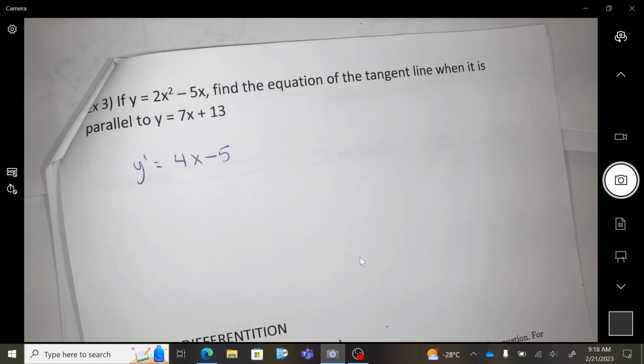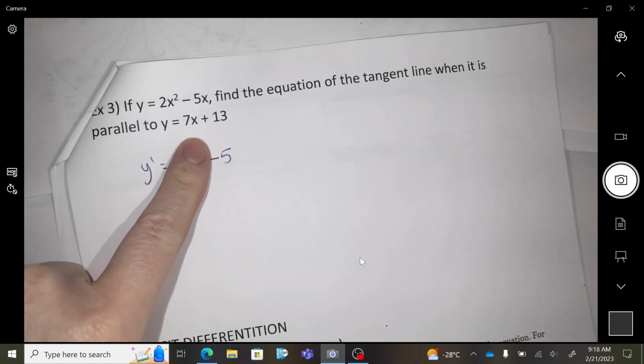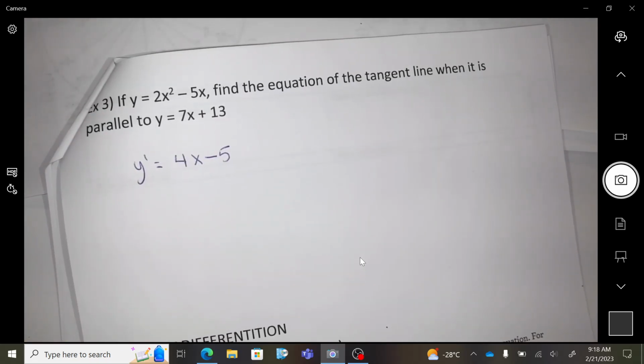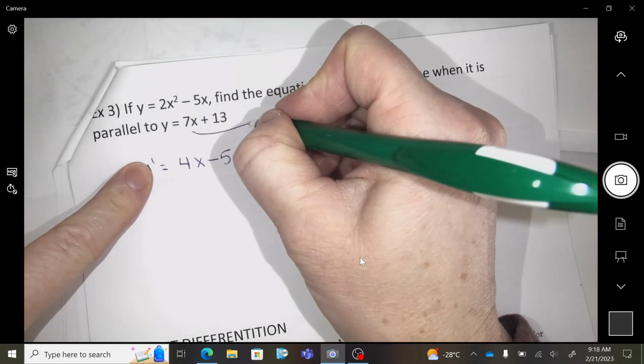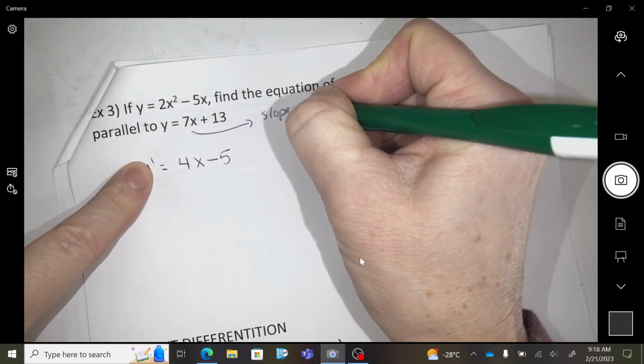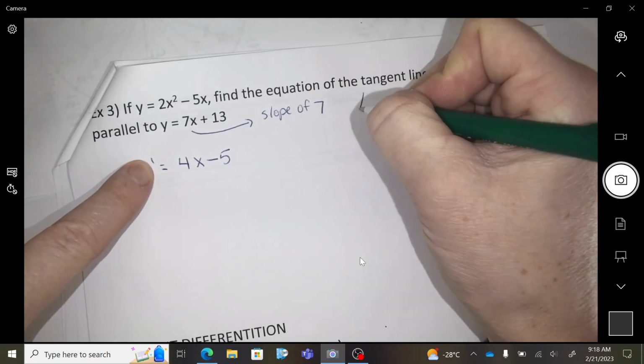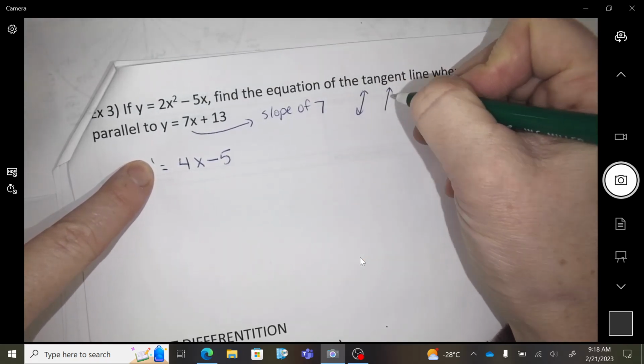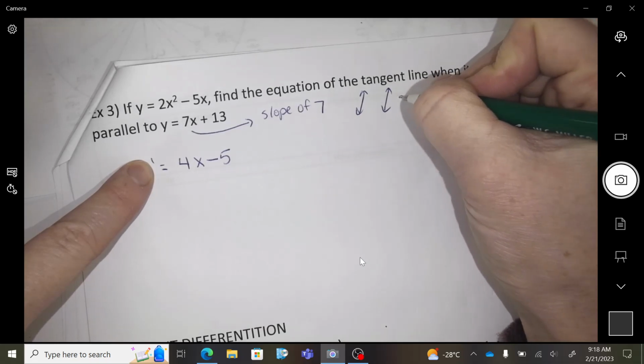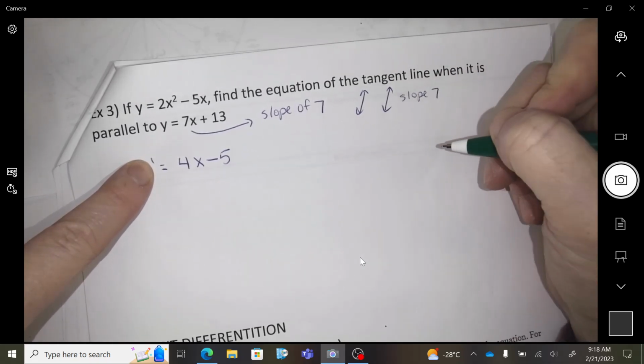If I want to be parallel to this other line somewhere else, what do I know about the slope of my line? What are parallel line slopes like? If you have two lines that you want them to be parallel, what's going on with their slopes? If this has a slope of 7, then mine has a slope of 7 as well, right?